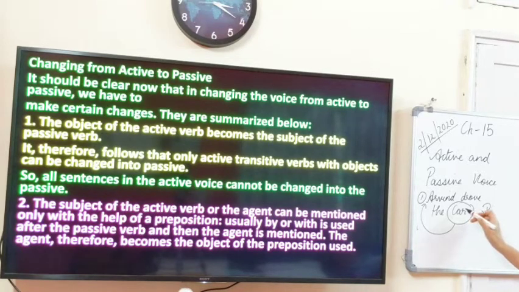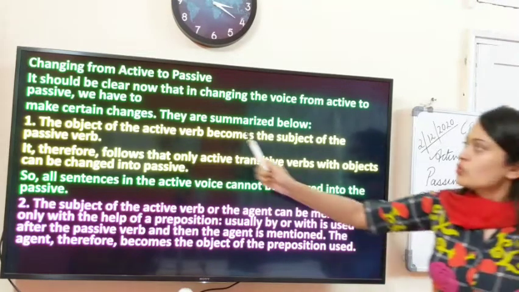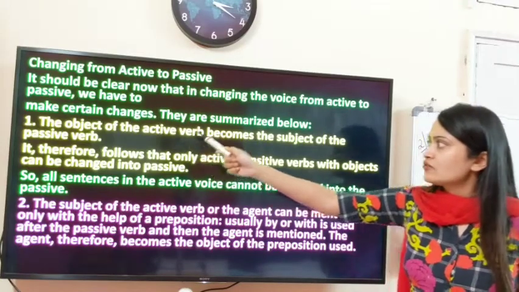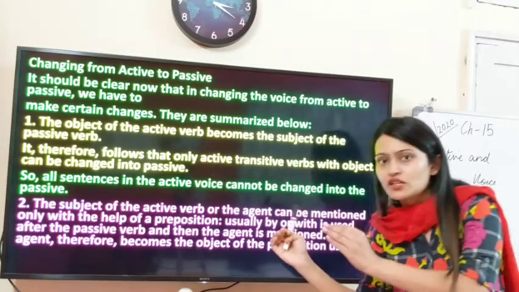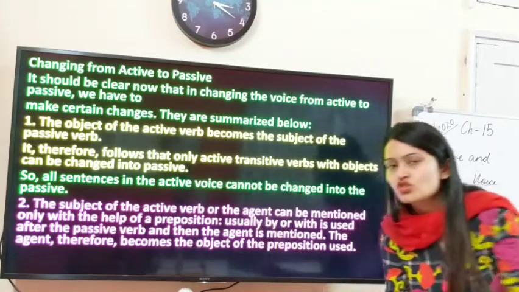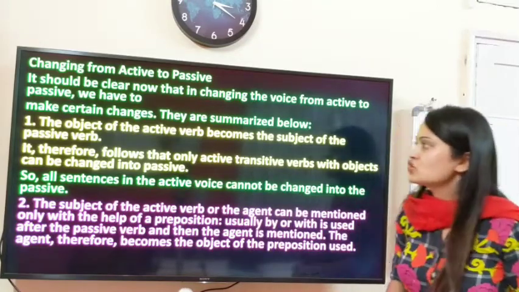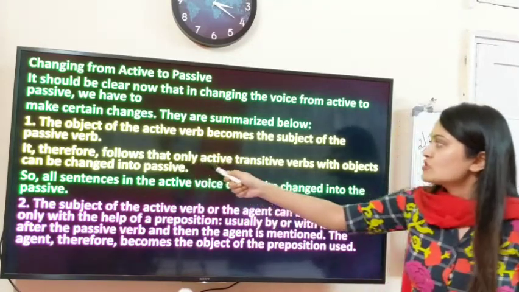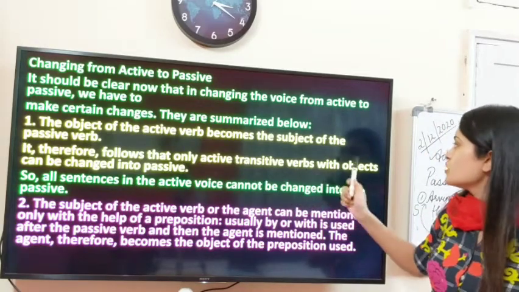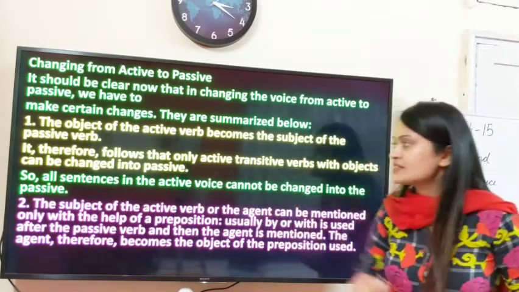So we will have the car was driven by Arvind. So the object over here, children, will become the subject. Whenever you're changing from active to passive voice, our object, the last word, will go straight and become the subject.